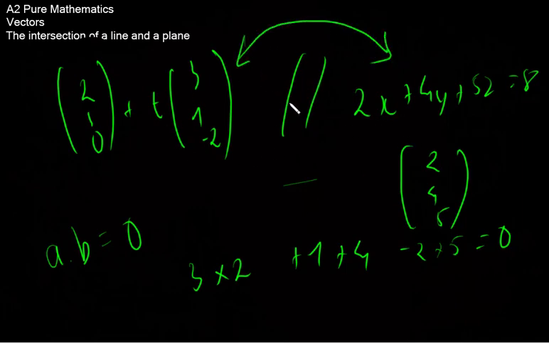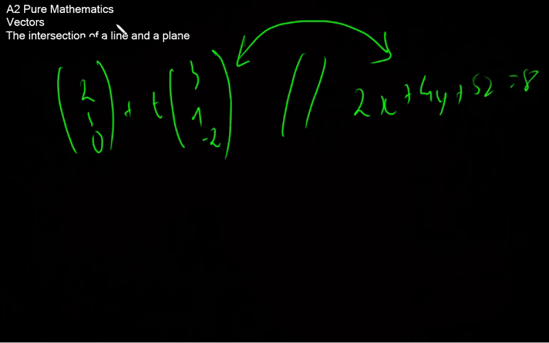Now the question is, if these two are parallel, what would happen? We have to see whether this line is in the plane or whether this line is not in the plane.